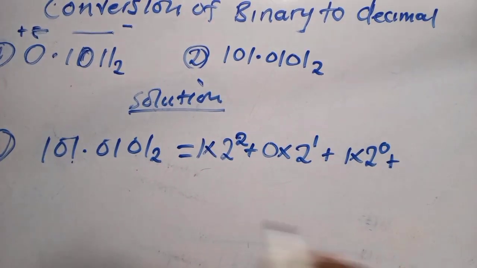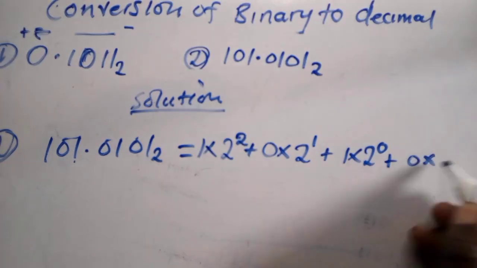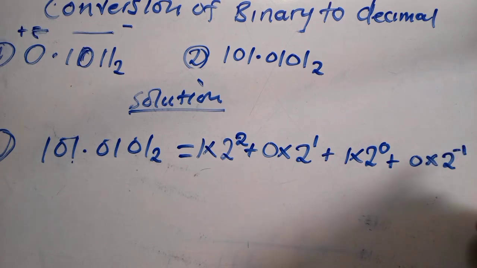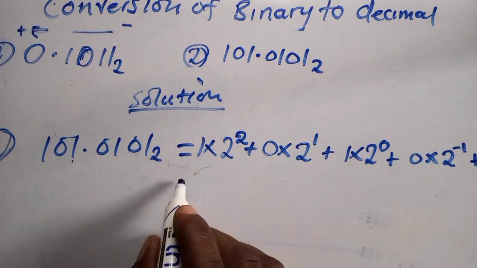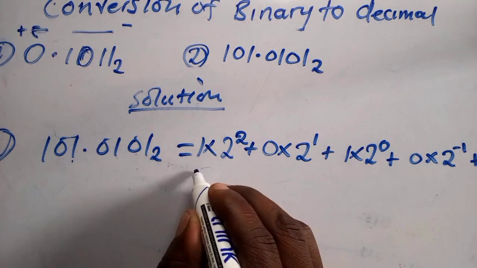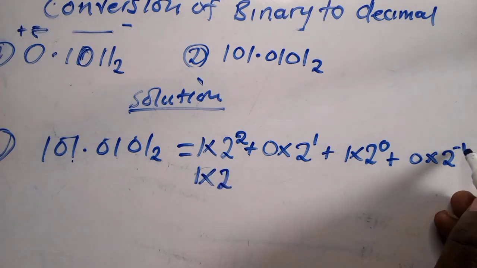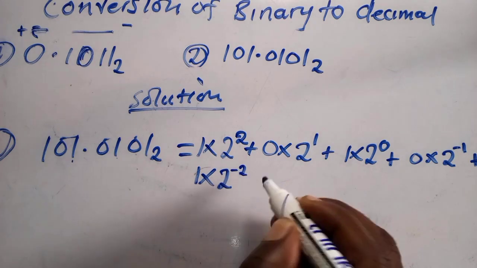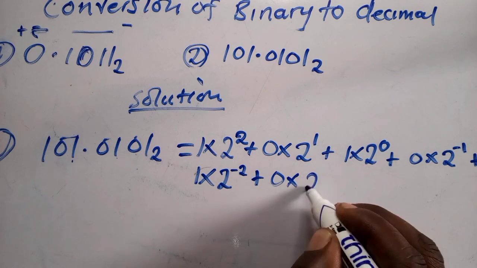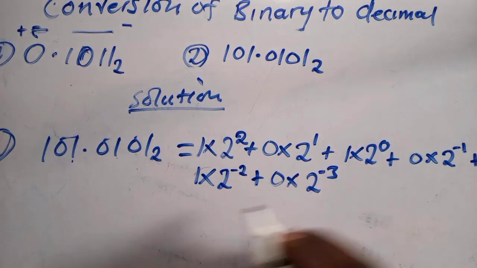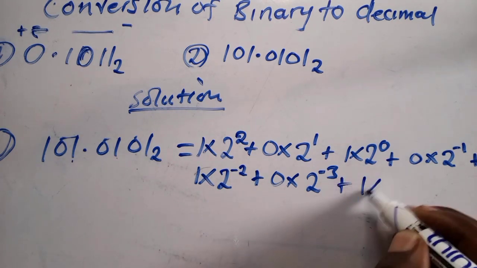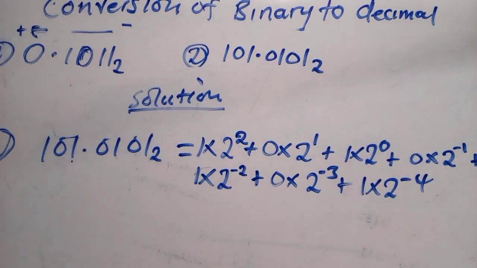So here, 0 multiplied by 2 to the power -1, plus we have this one, which is 1 multiplied by 2 to the power, because we started with -1, so it will be -2 here. Then plus 0 multiplied by 2 to the power -3. Then the last number, plus 1 multiplied by 2 to the power -4.